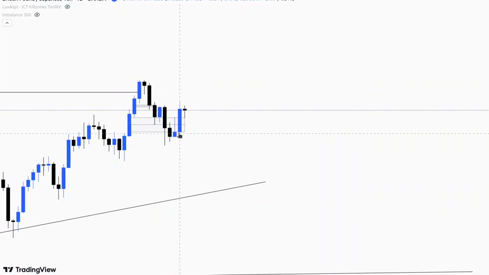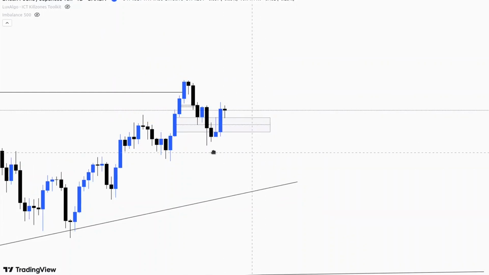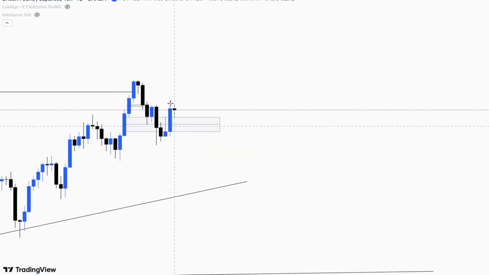Price has disrespected this fair value gap, but we are looking for price to enter into this range, inside this area, then we'll possibly take my entry. But I don't like seeing price move up to close above that area.